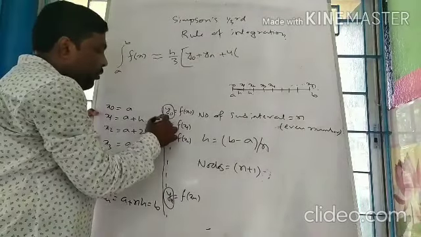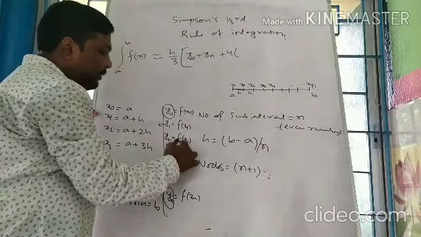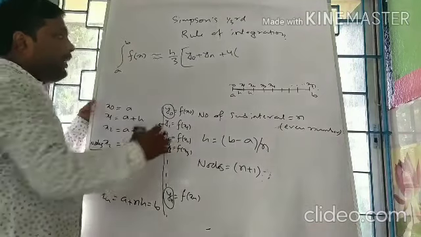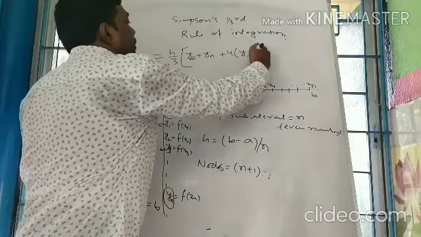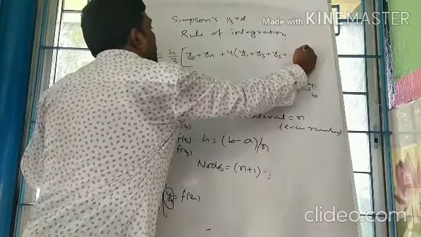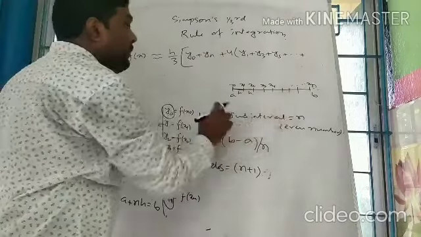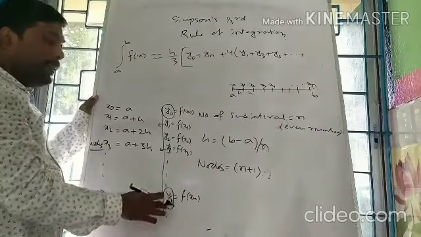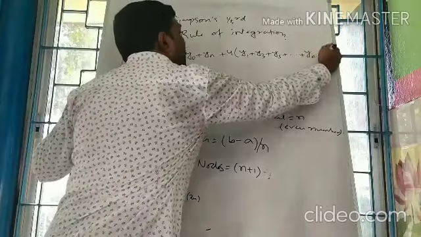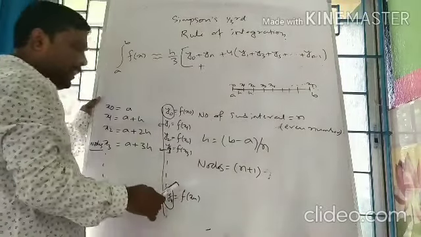The odd ordinates are y1, y3, y5, and so on. So y1 plus y3 plus y5 plus up to the last odd ordinate. The last ordinate is yn, and n is an even number, so n minus 1 is an odd number.